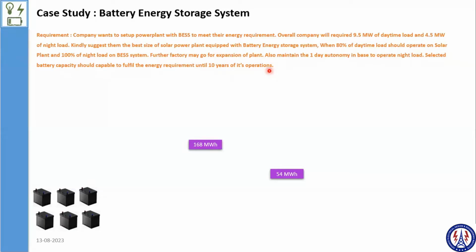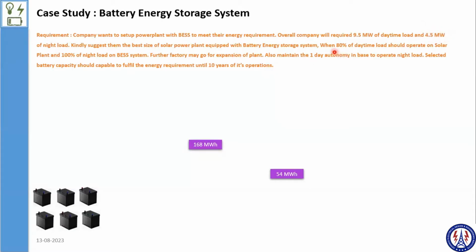What they have shared with us are very raw and very basic inputs. Everywhere, if you are approaching a new plant, nobody is going to share every detail. They are just sharing: I have a load of 9.5 megawatt in the daytime, and the nighttime load is 4.5 megawatt.